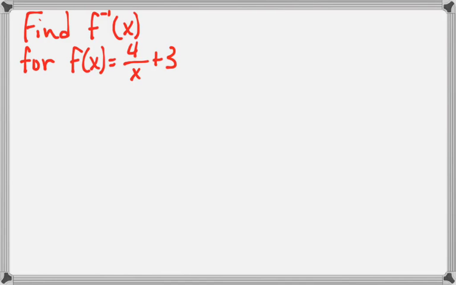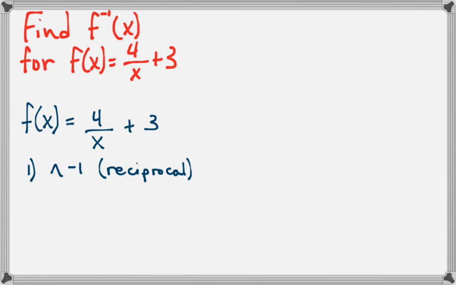Okay, one more. Let's find f inverse for f of x equals 4 over x plus 3. So, if I use the list method, the first thing that's happening to this x is it's being put in the denominator. And we know from exponent rules that what makes an x or anything flip to the denominator is a negative exponent.